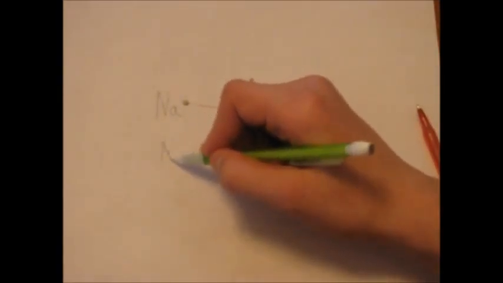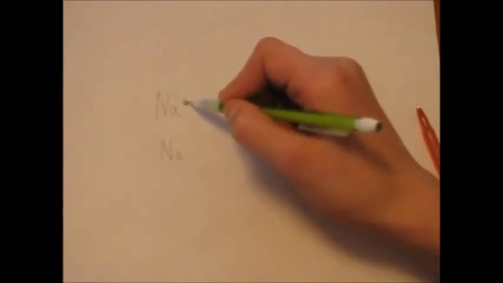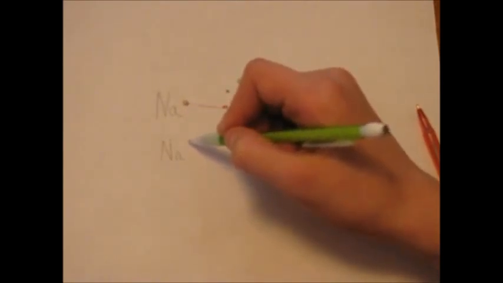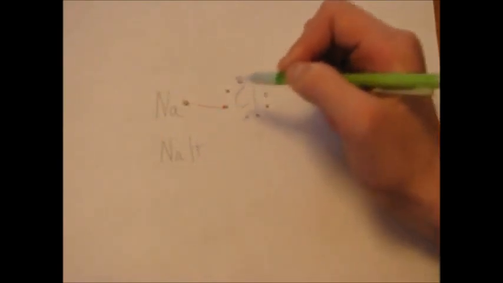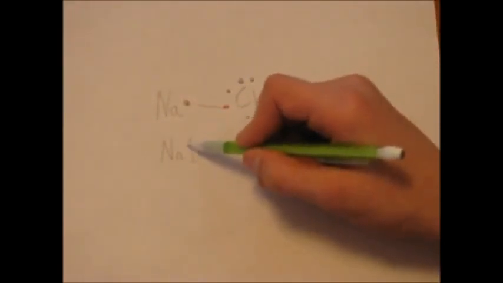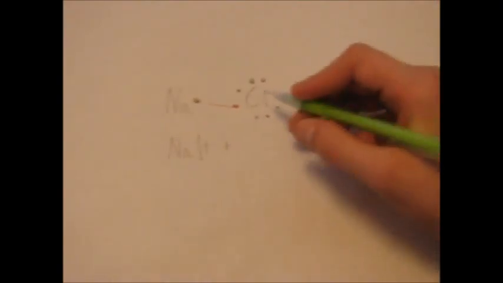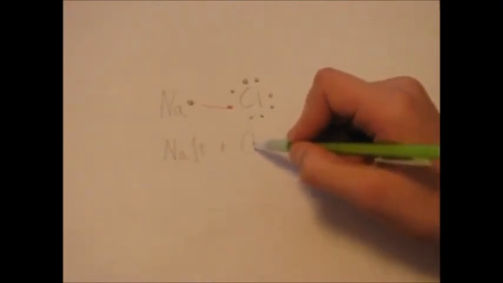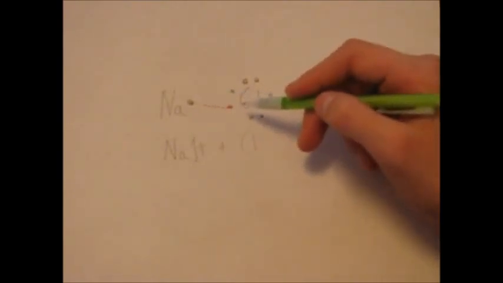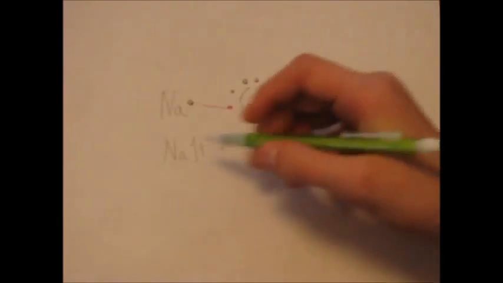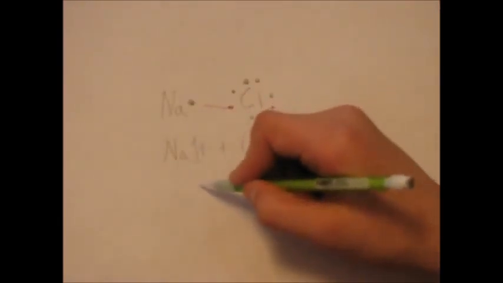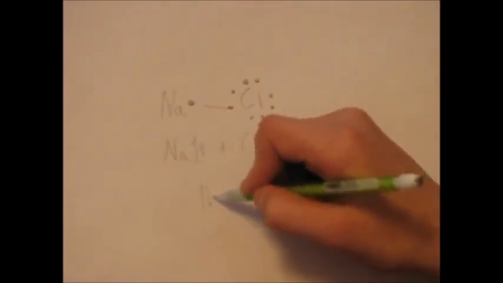Because sodium is losing a negative charge, it's going to become positive, so Na is going up by 1. Chlorine, because it is gaining a negative electron, is going down by 1, so it's going to be 1 minus. Together, Na and Cl make NaCl, table salt.